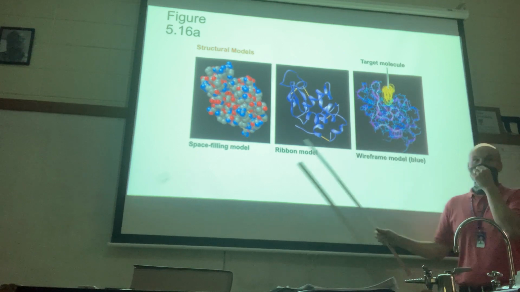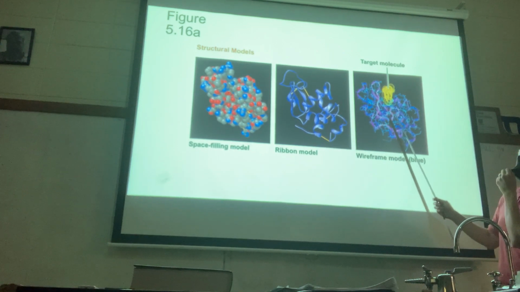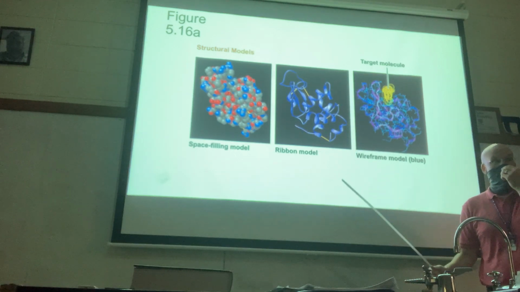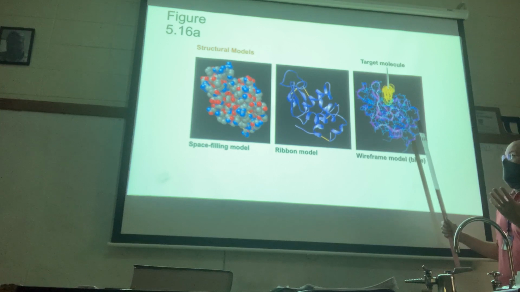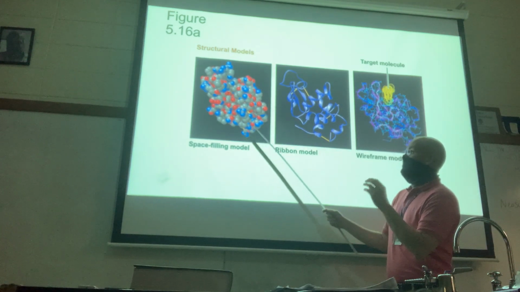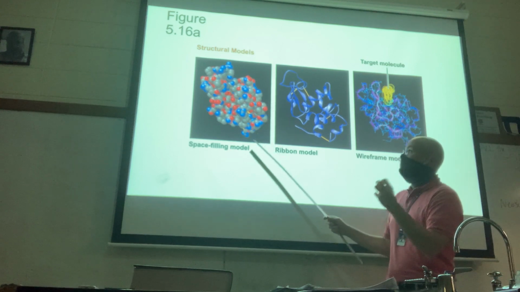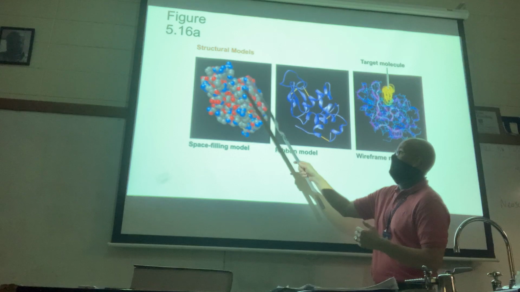You don't need to know the difference between these models. All I'm doing here is showing you how this is a very complex molecule. Here we see every atom represented as a sphere. And you can see that there are tons of these atoms all packed together.